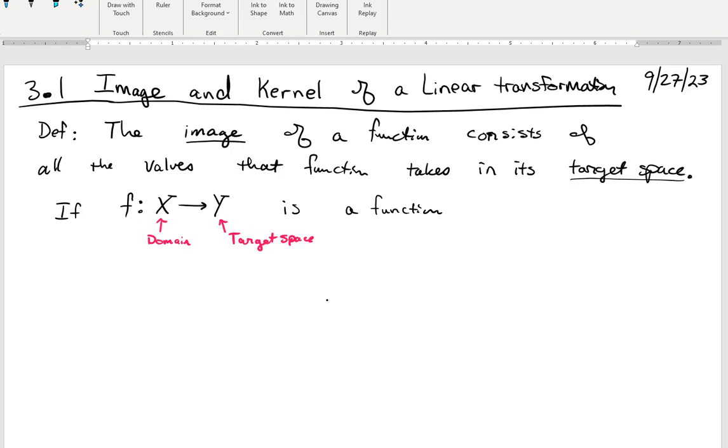All right, so in symbols, the definition for image, image of f, im of f. In set notation, the image is a set. It's the set of all f of x.